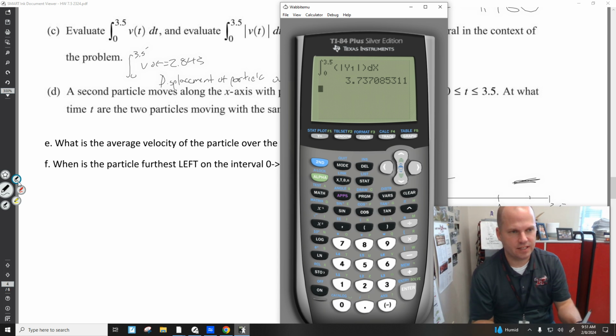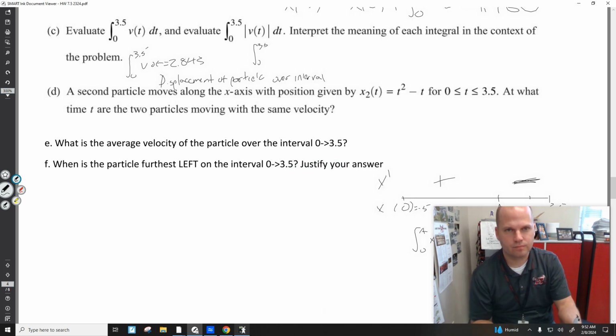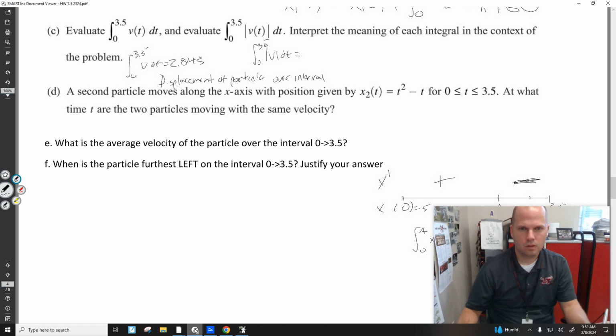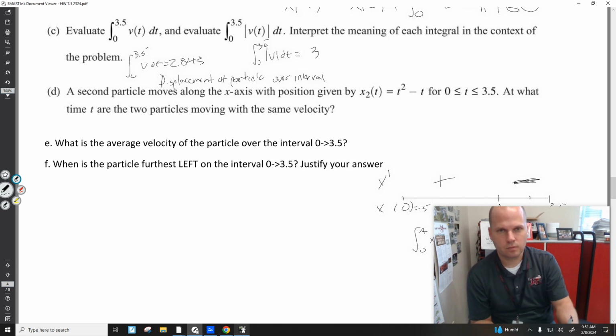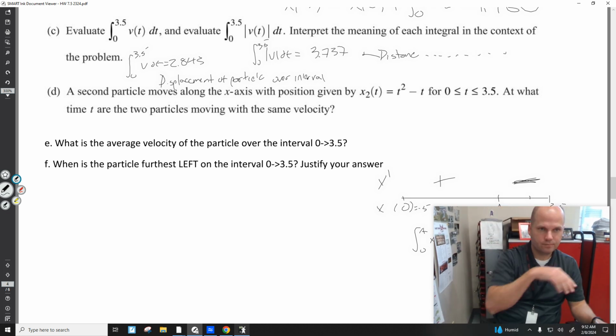This is the distance the particle traveled over the 3.5 seconds. It's 3.737. Distance particle traveled over the interval. Cool.